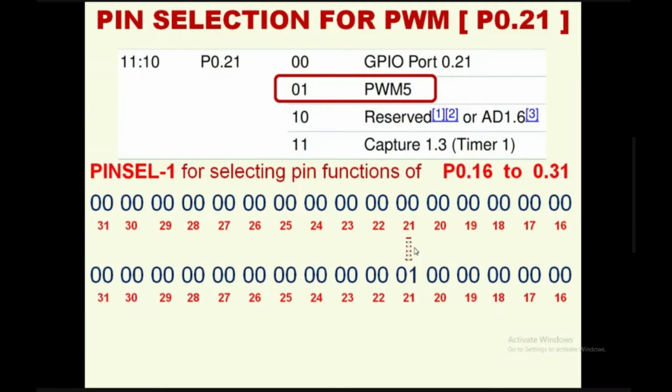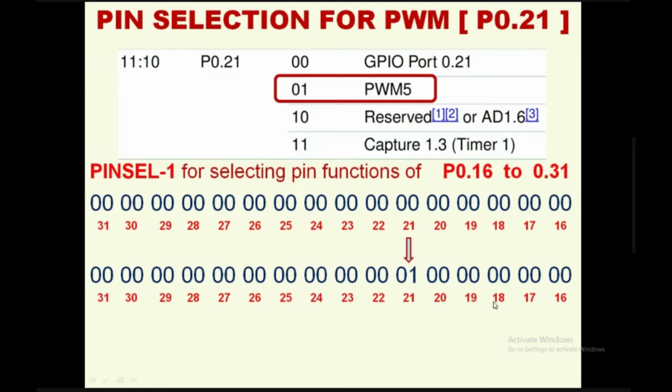So for the first initialization of PWM, in the coding, the PWM signal has to come out. So to make the 0.21 GPIO a PWM5 pin, the first and foremost thing that we have to do is configuring the pin selection register through pin cell registers. Okay, here if you see, pin cell 1 has to be configured like this. So 0000 is 0, 0000 is 0, 0100 is 4.